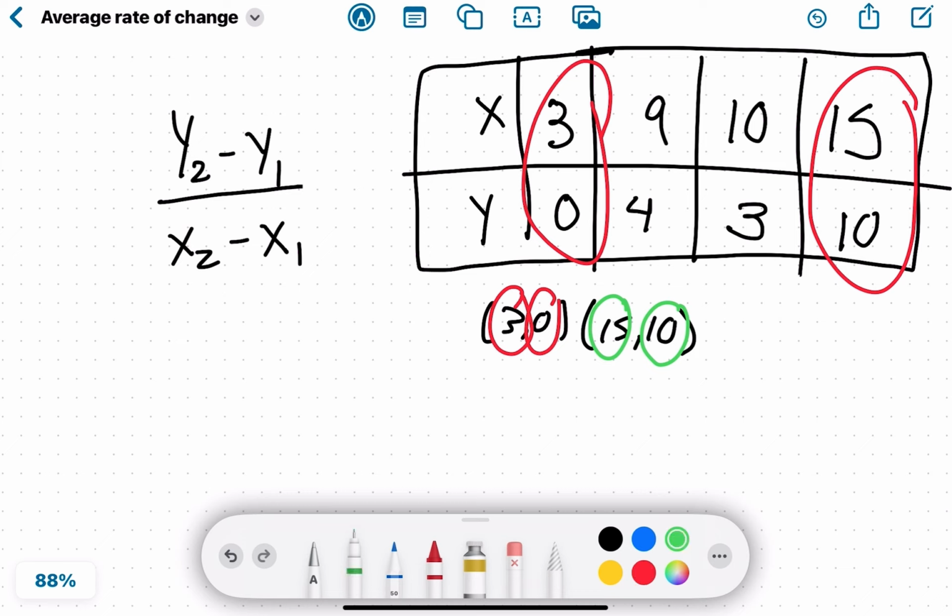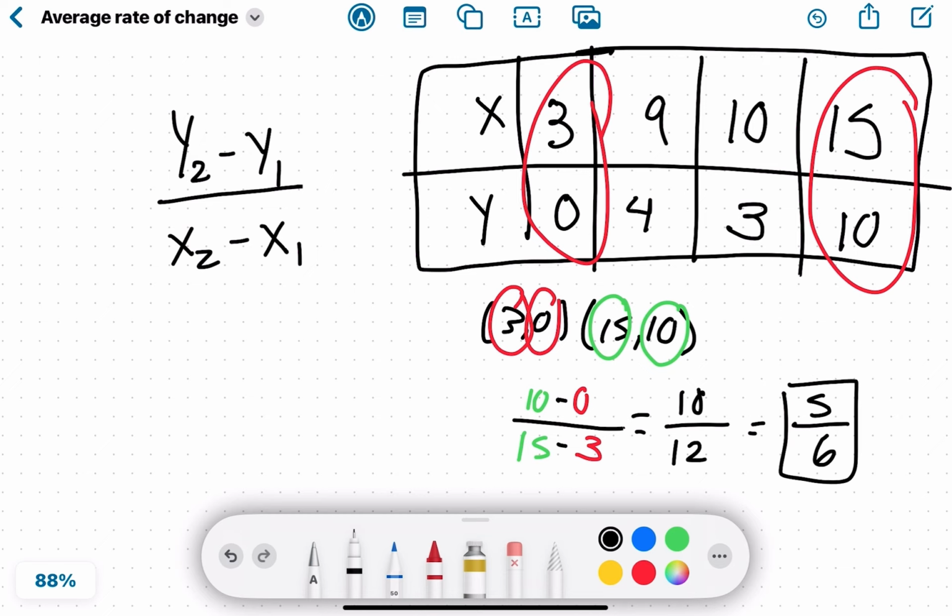So y2 minus y1 over x2 minus x1. Subtract: 10 minus 0 is 10, 15 minus 3 is 12, 10 over 12 could be simplified into 5 over 6. That's the average rate of change.